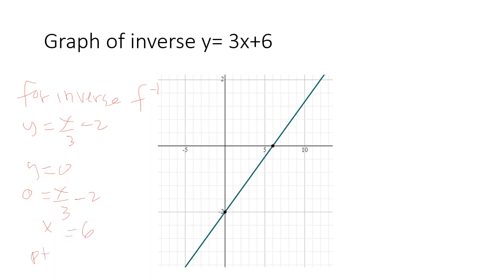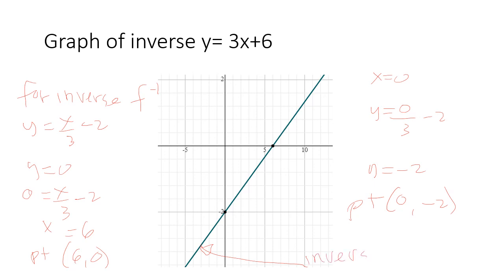So the point is 6, 0. Then when x equals 0, y equals 0 over 3 minus 2, so y equals minus 2. So the point is 0, minus 2. So this one is the inverse function of y equals 3x plus 6.